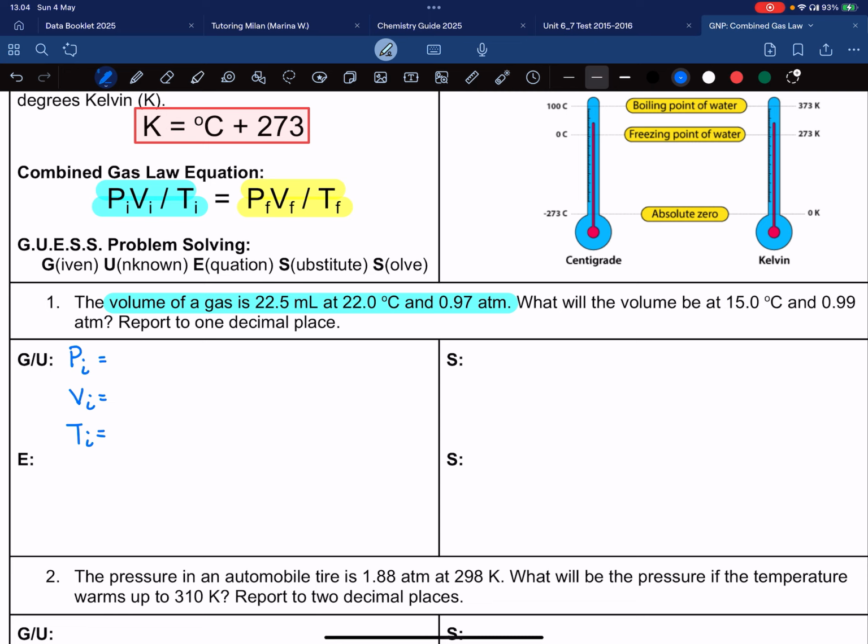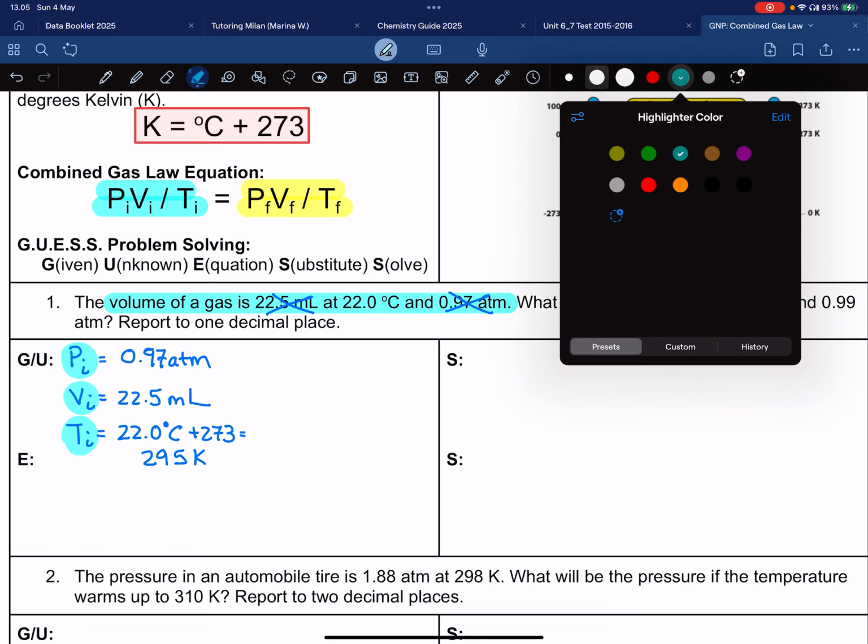The initial pressure is 0.97 atmospheres. The initial volume is 22.5 milliliters. And the initial temperature is 22.0 degrees Celsius, but you need to add 273. So it's actually 295 Kelvin. Those are my initial values.